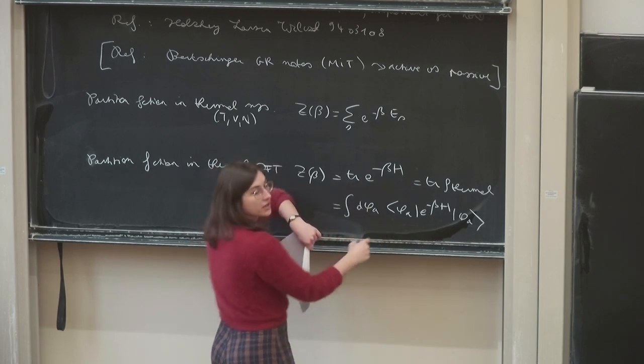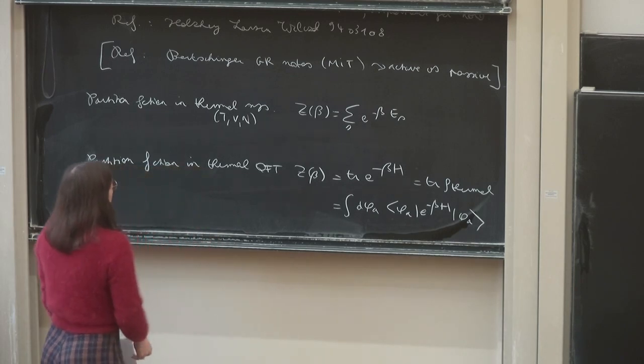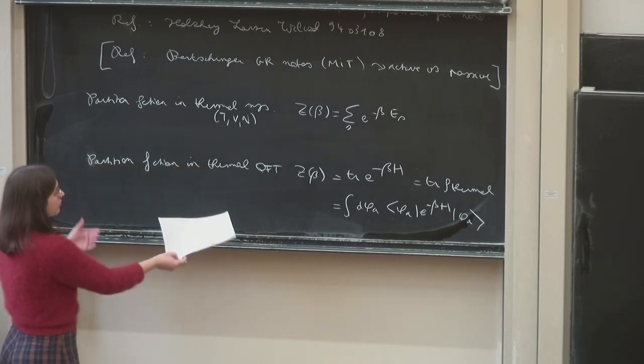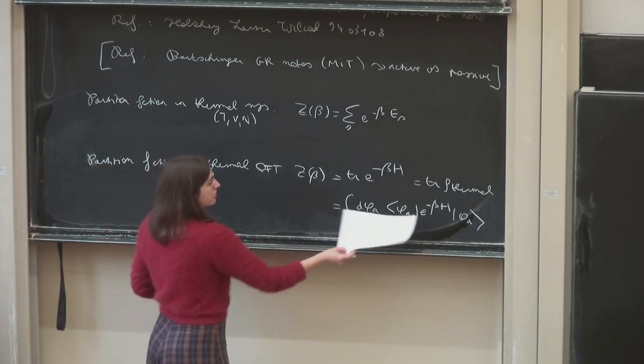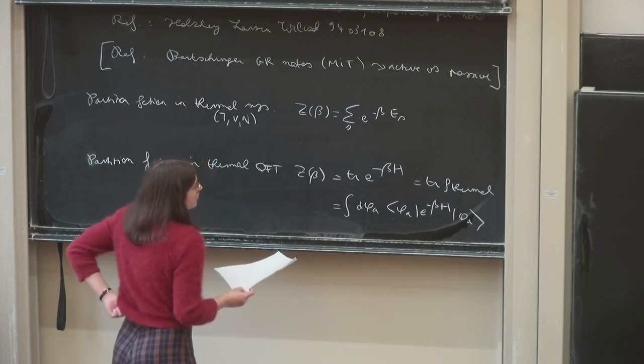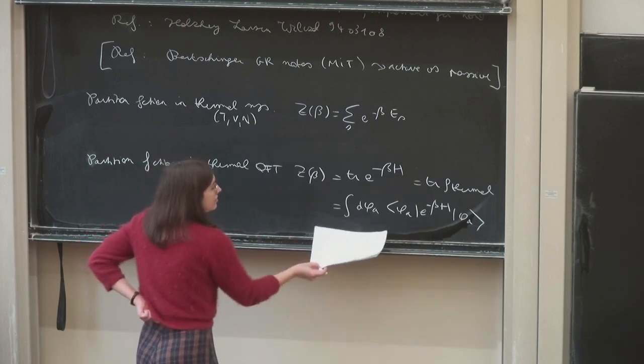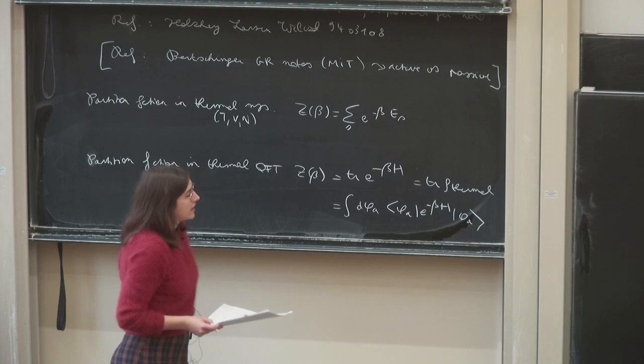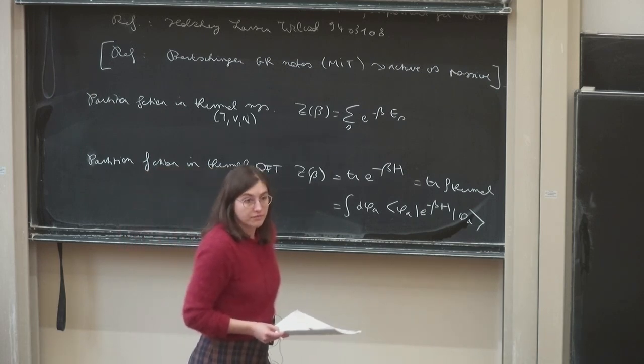That's just giving you the trace, okay? So if I write down the partition function of thermal QFT, I would write down this. And the statement now is that you can recognize this formula as a Euclidean amplitude.